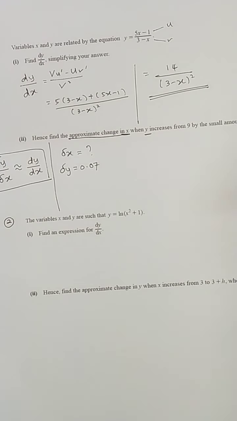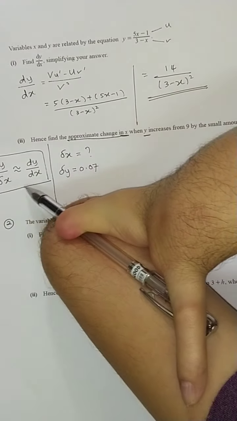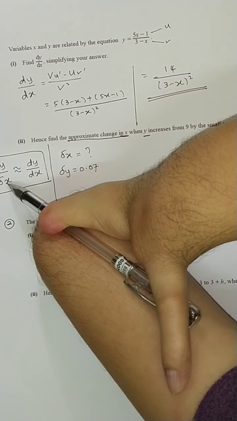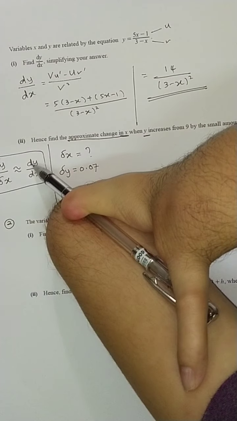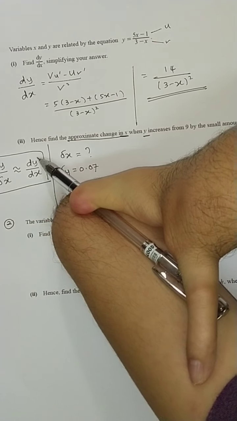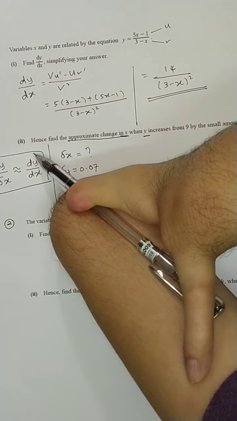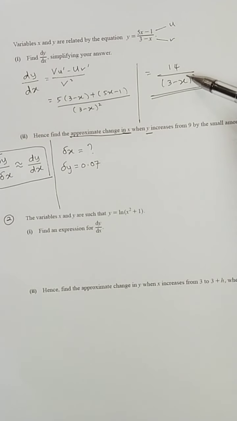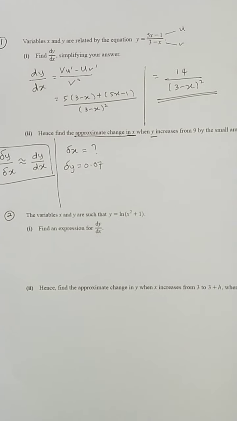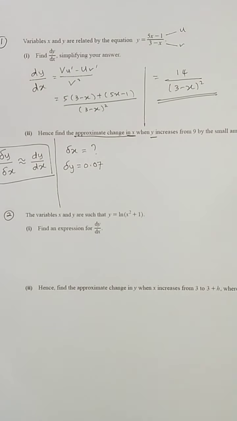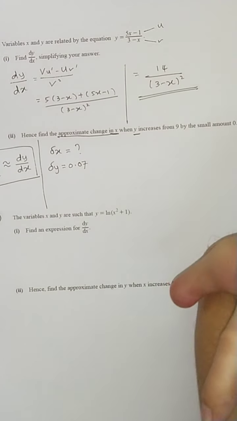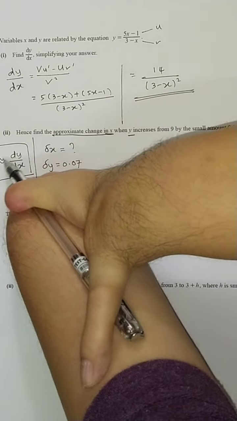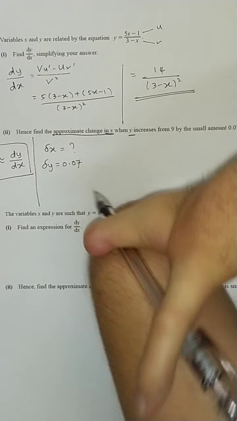Next, based on this formula, delta y over delta x is approximately dy over dx. Where do we get this dy over dx? It is from the previous question, 14 over (3 minus x) squared. Now I will substitute the information inside the formula.